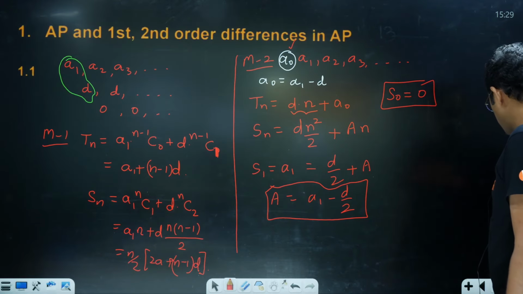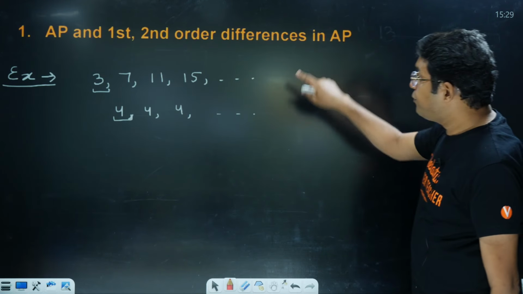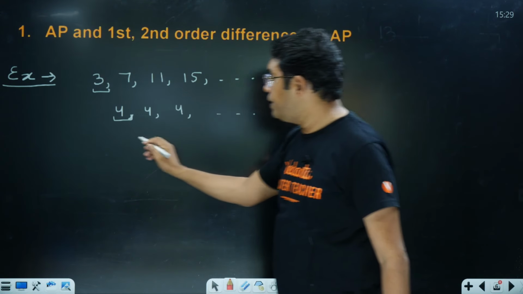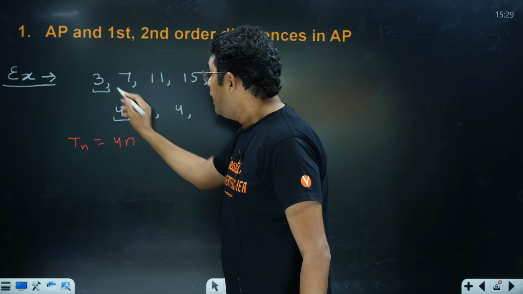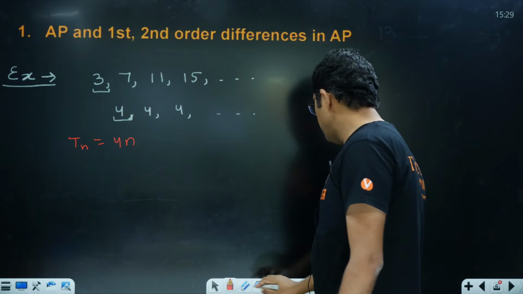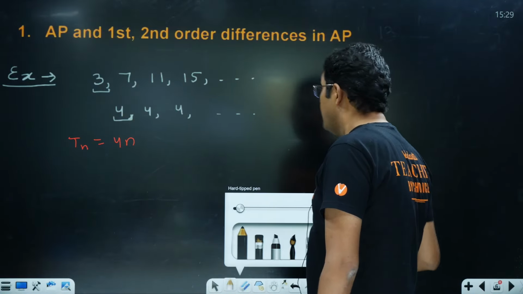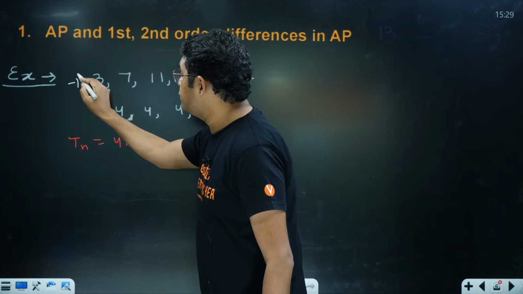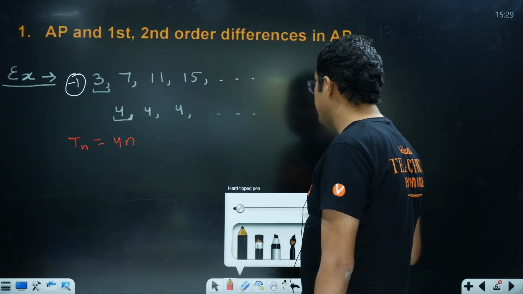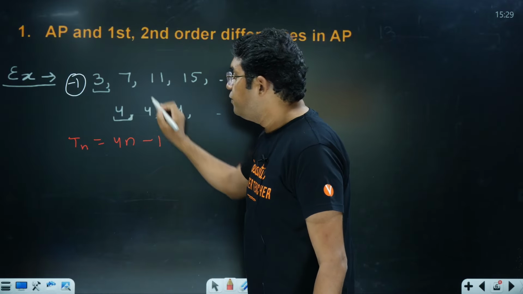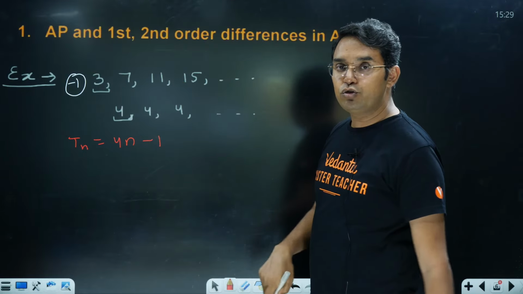Now I will come to series. But before that, one very simple example. I think you can write Tn as 4n, and what should have been the 0th term here? I think I have to subtract 4, so the 0th term will be minus 1. So this series will have nth term 4n minus 1. Now you can check every value should satisfy it.